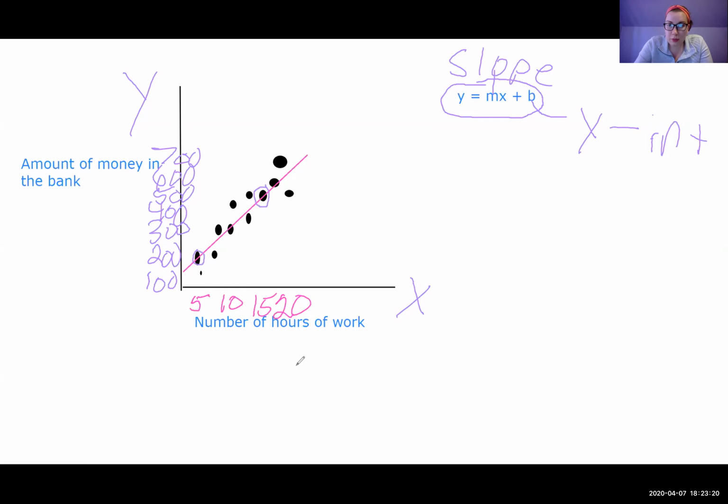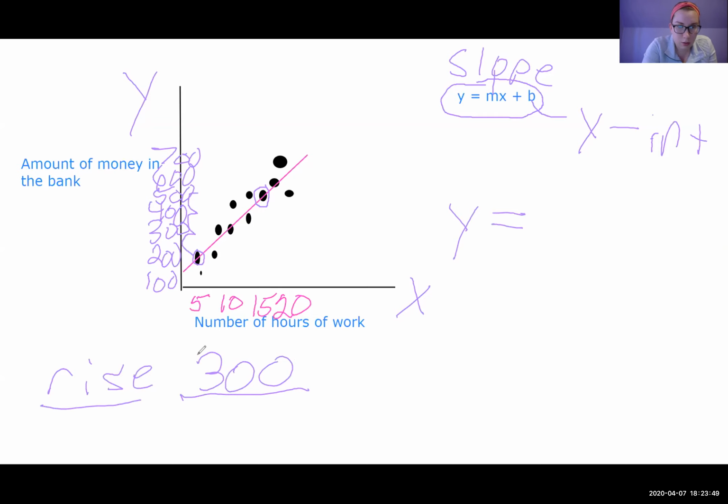So I'm going to start us off here. Y equals, now we want to find our m. So I want to run, not run, oh, I got ahead of myself. I want to rise. So let's see, I'm going to rise 100, 200, 300. I'm going to write 300 down here is my rise over my run.